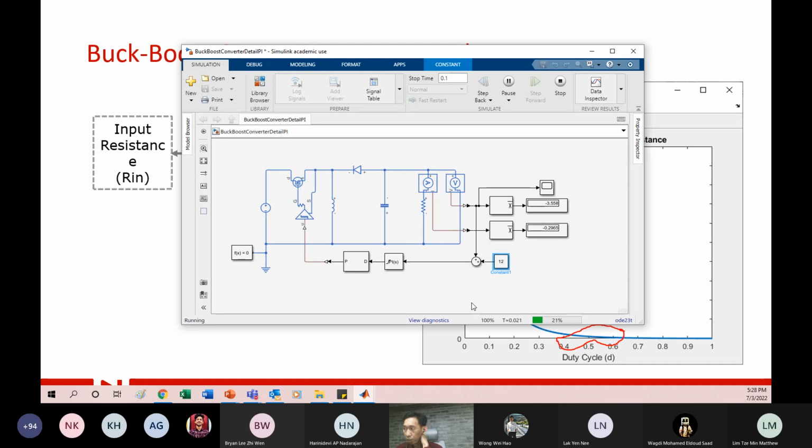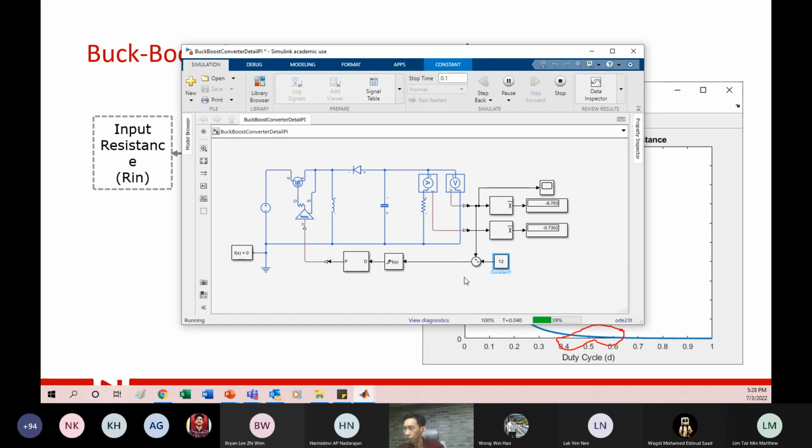Yeah, this one will run a bit slow, because we are using this driver, a more detailed model. The more detail you put in, the slower it runs. And it's not because MATLAB is bad, it's because of the solver.